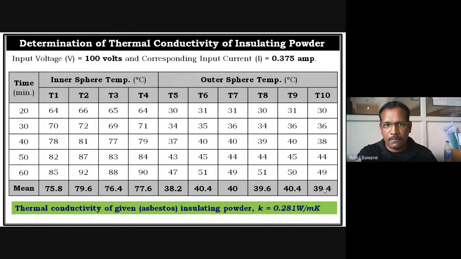that insulating powder. For my experiment, I kept the voltage at 100 volt. Remember, for demo purposes I just set 60 volt, but when I conducted this experiment for these readings, the voltage was 100 volt. The corresponding current is 0.375. After that, I observed these readings, and when I roughly calculated, the thermal conductivity came to 0.281.